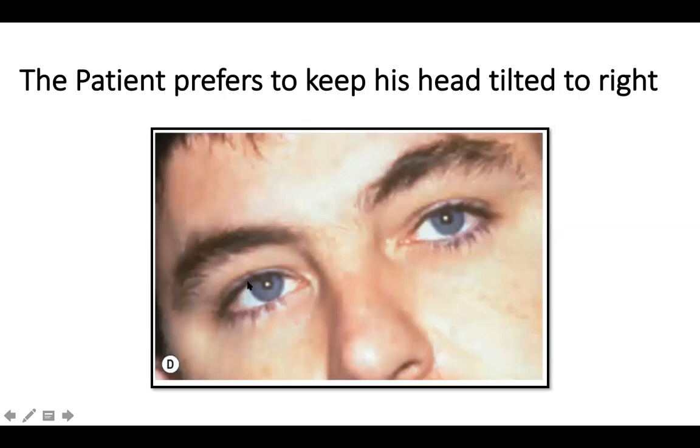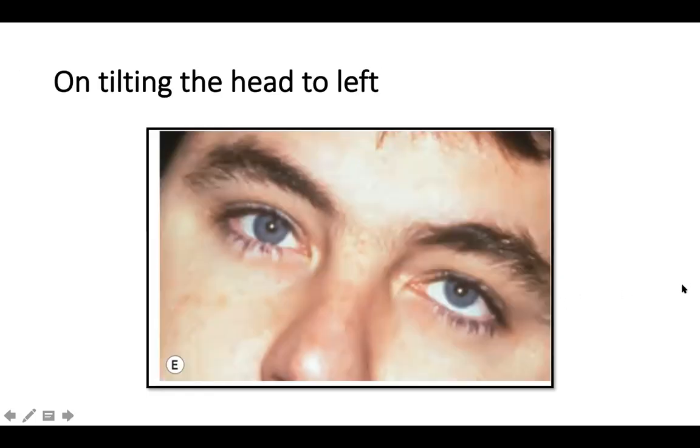So a diplopia which becomes better on tilting the head towards the right, but worsens on tilting the head towards the same side of the squint. This test is known as the head tilt test. So in a head tilt test, the diplopia or the squint worsens on tilting the head towards the same side of the lesion. So how can we explain this? This is because of a left superior oblique palsy or the left fourth cranial nerve palsy.